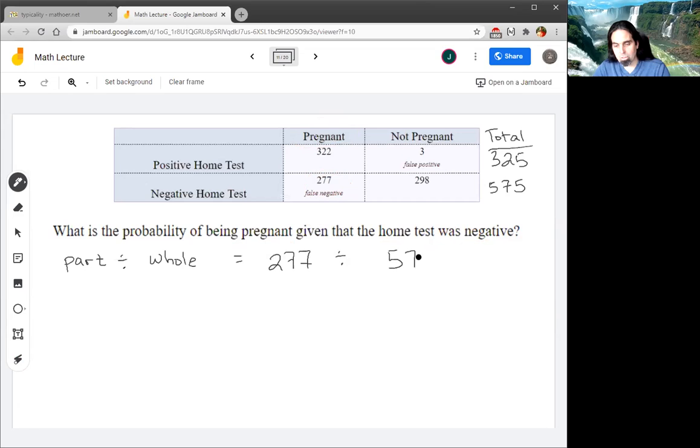And all the negatives are 575. The total for the negatives is 575. So 0.48, about.